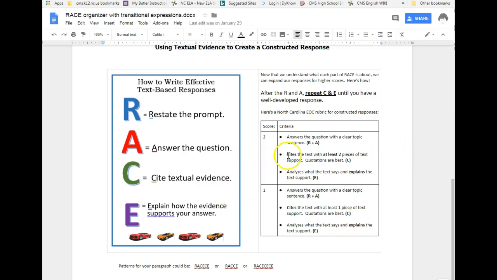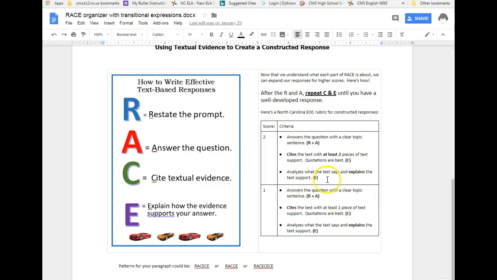If you look at the rubric in bold, it's pretty clear what the most important things are right away. Response, cite text evidence, at least 2 pieces, even more, even better. Make sure we're shooting for the highest possible score.